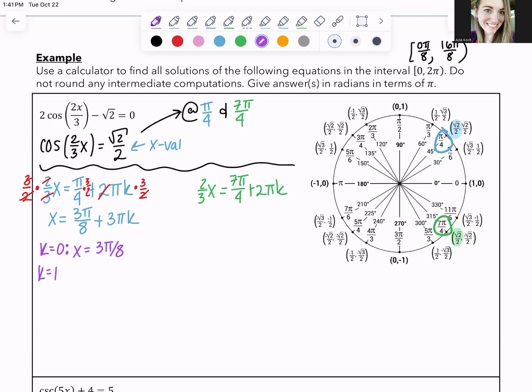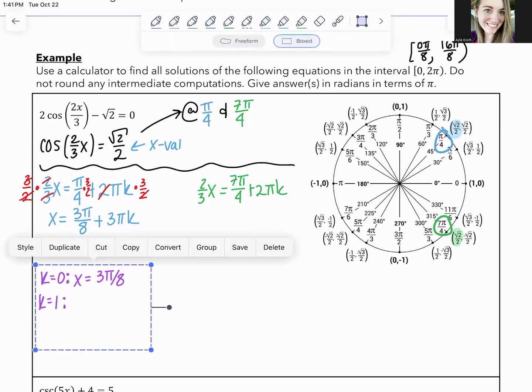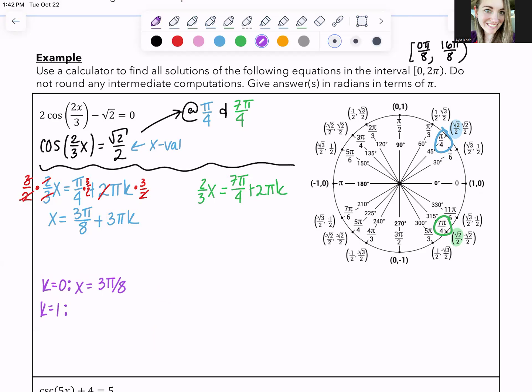When I go to do k equals 1, it would help if my denominator on this guy here were an 8, and I forgot to do that initially. So let's go and do that. To make the denominator into an 8, I'm going to need to multiply by 8 on top and bottom.